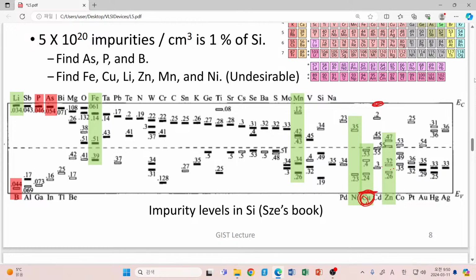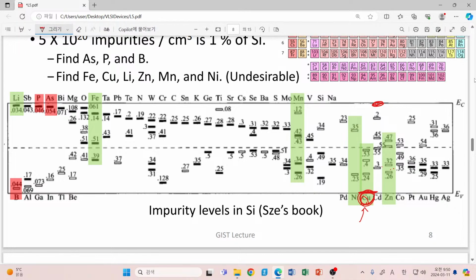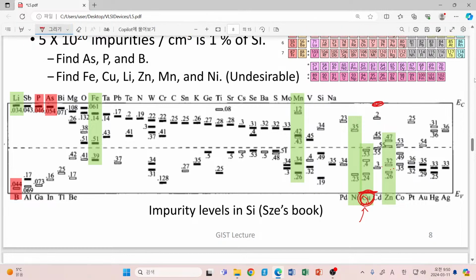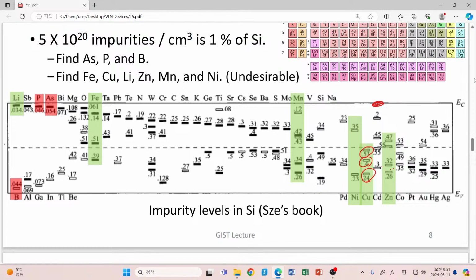For pure silicon, between EC and EV, we have no other electronic states. However, when you introduce copper into it, it introduces some electronic states whose energy levels are located in between EC and EV. So please concentrate on this copper, then you can easily find that multiple states are generated by insertion of copper impurities into your crystal material.